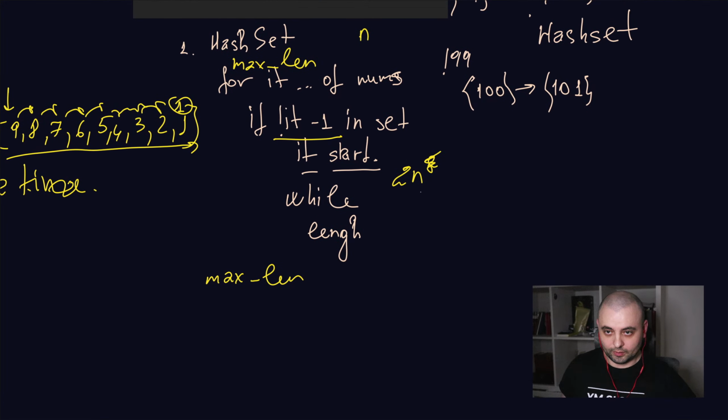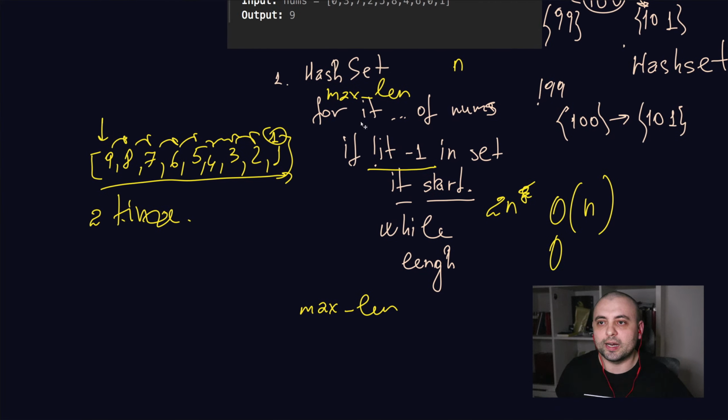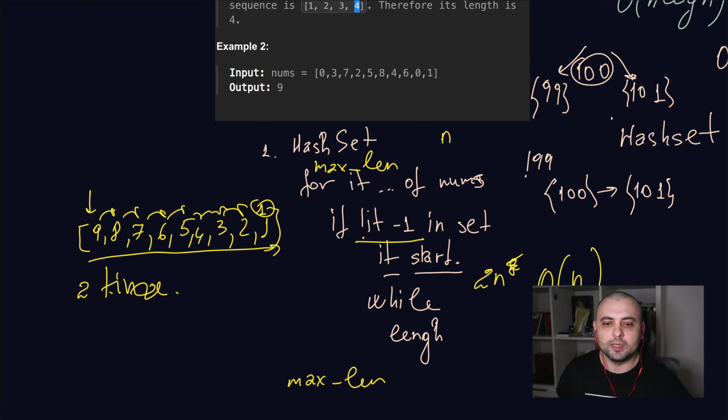So still, if we sum all the parts together, we'll have time complexity being big O of n, and space complexity, because we'll need this extra hash set and a couple of variables, big O of n as well.